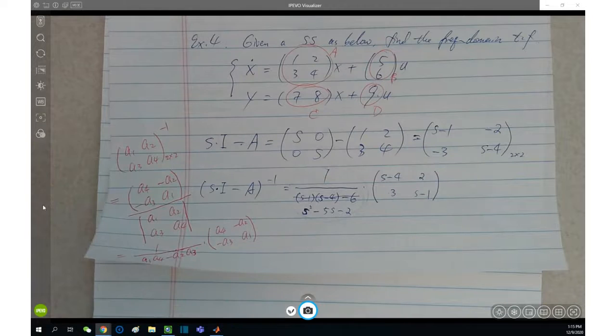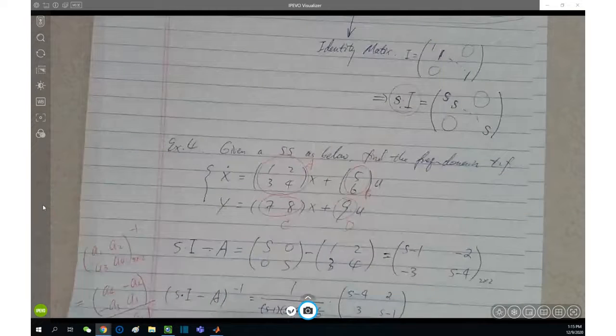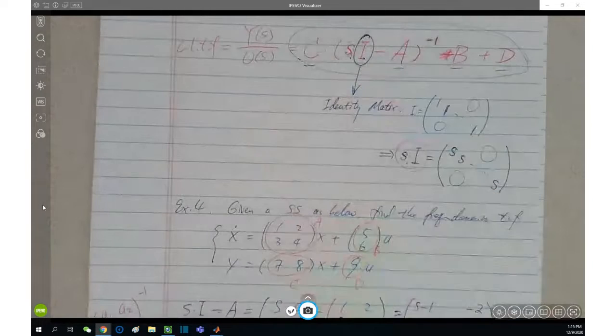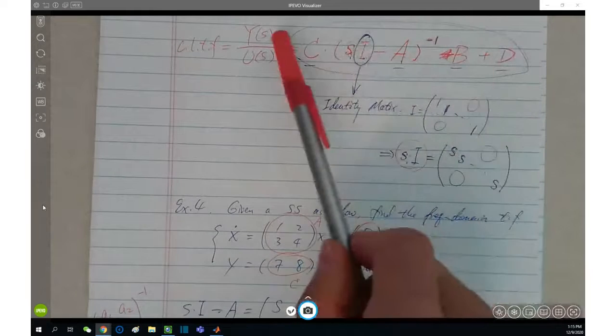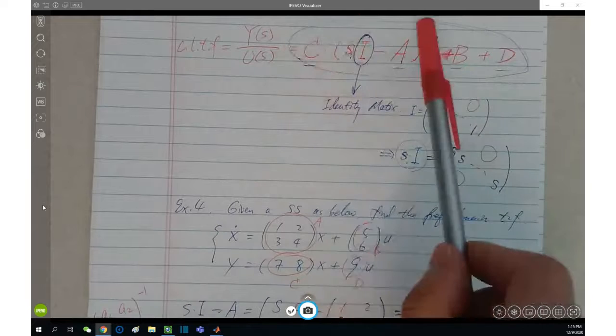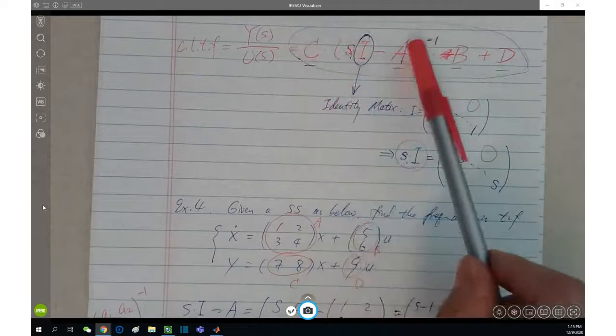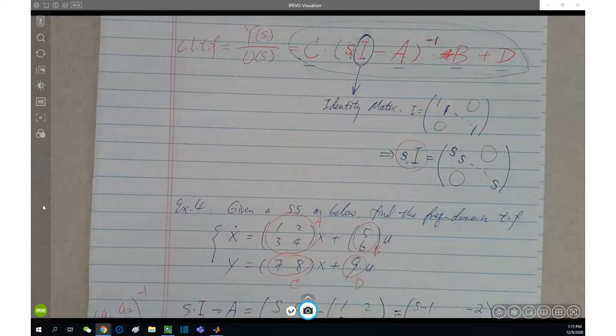Of course, meantime, consider one thing. Your result of this formula, given formula here, what's the dimension of it? What's the result dimension of this matrix operation? Very good. 1 by 1. Why 1 by 1?